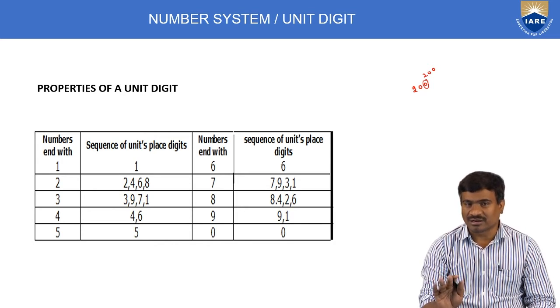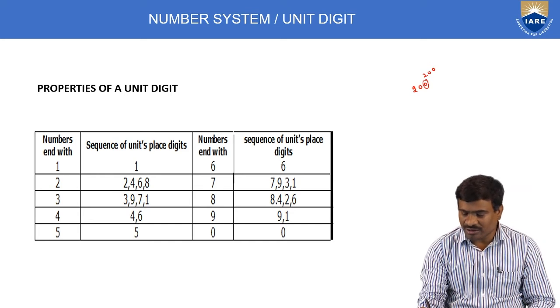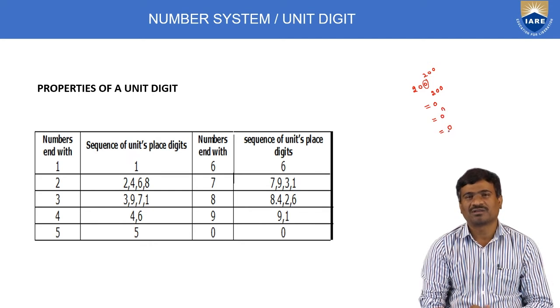Those are negligible. Consider only the unit digit. In 200, the unit digit is 0. Next, apply the power: 0 to the power of 200. We know that 0 to the power of any number is 0, so the answer is 0.